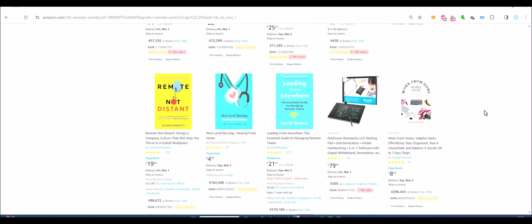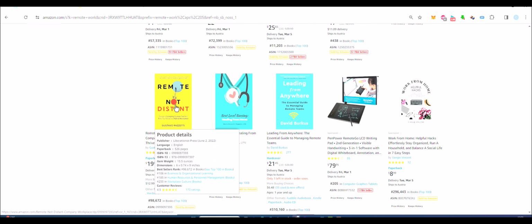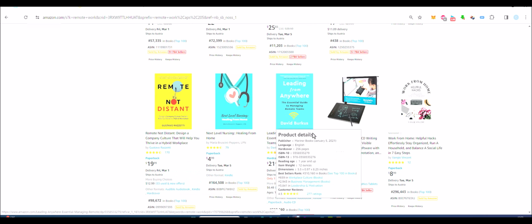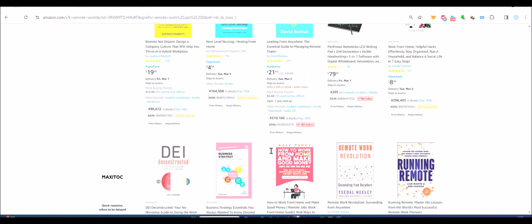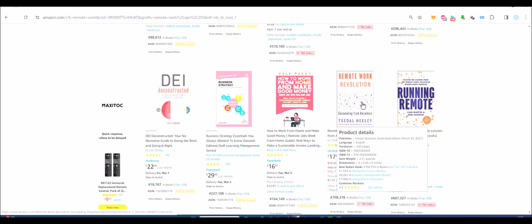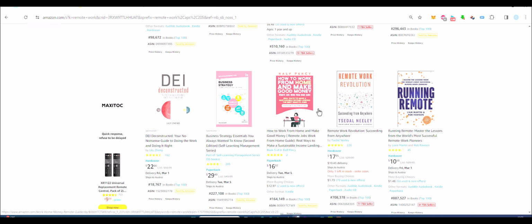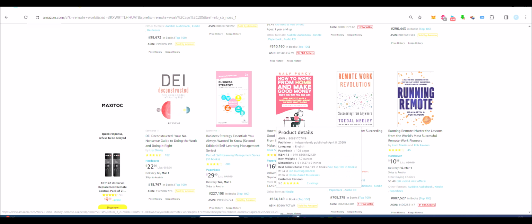Okay, there's a lot of books, but I don't really see the trend. Okay, so this is basically about remote work and teams and leadership. Remote work, succeeding. Okay, that's probably how to be productive in a remote work setting. Remote work and good money.